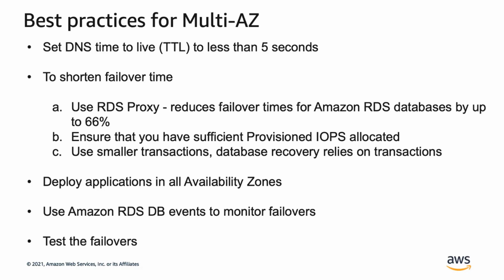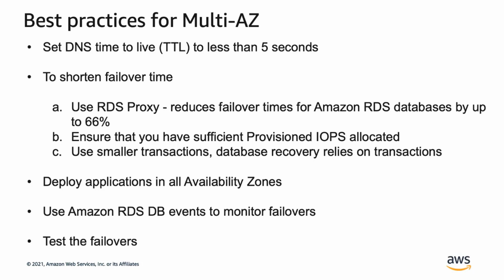And also, to shorten the failover timings, RDS provides RDS Proxy. RDS Proxy minimizes application disruptions from outages affecting the availability of your database by automatically connecting to a new database instance while preserving application connections. When failover occurs, RDS Proxy routes requests directly to the new DB instance.